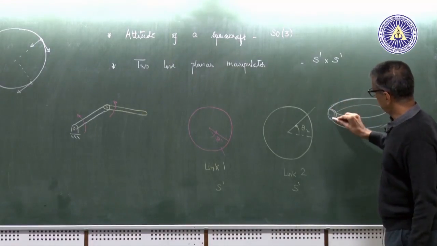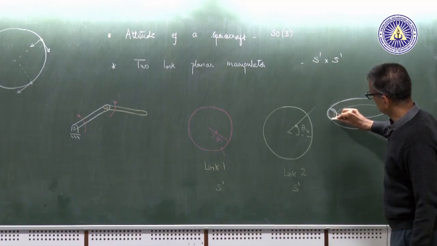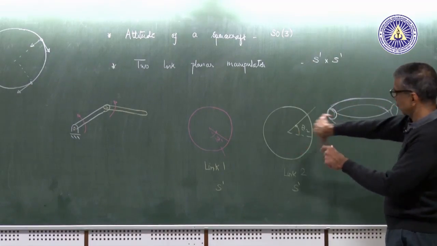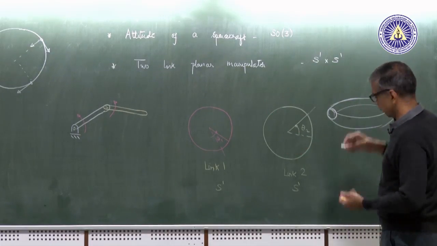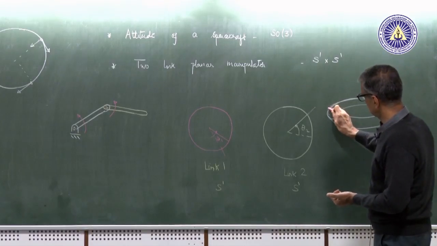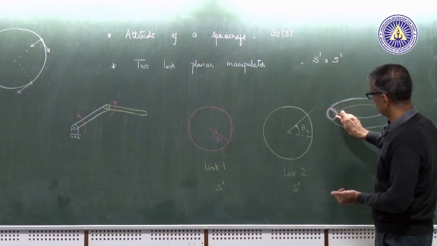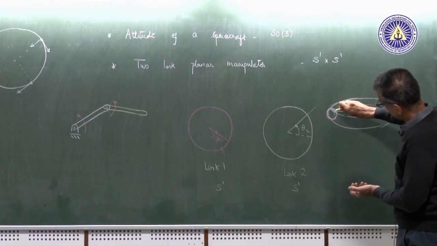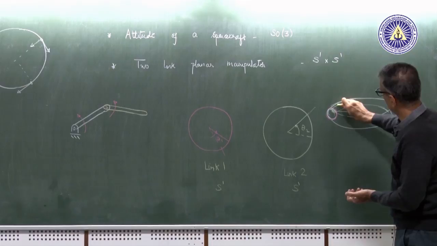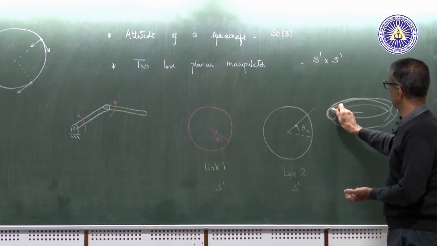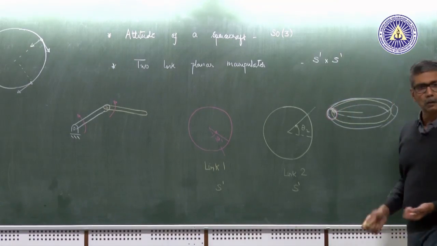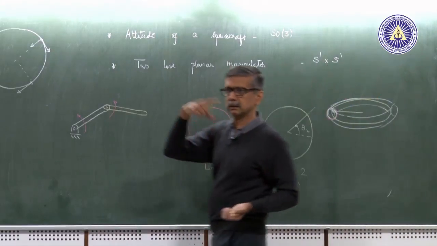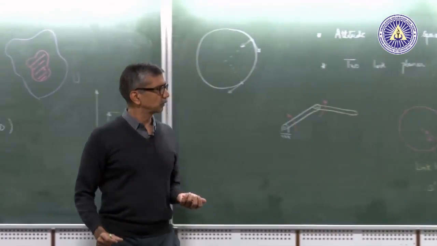So, you are thinking of one of the circles as being swept. The one circle is this, which corresponds to one link, the other circle is this radius, this circle, and notice each of them has the complete configuration of a circle, right.